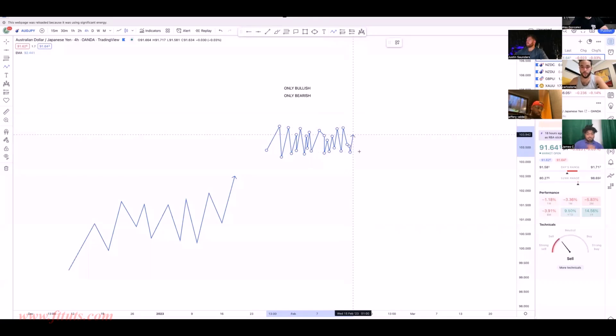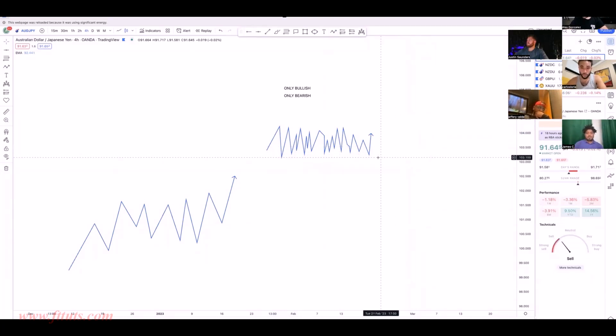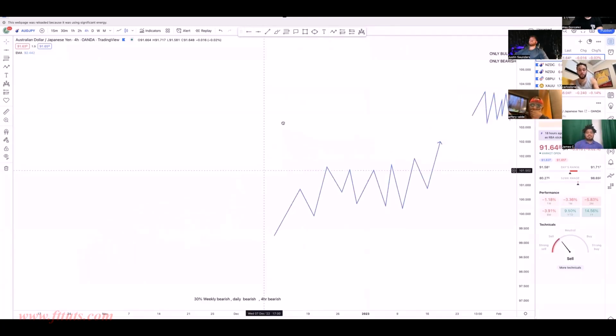But within here, you would understand that the market structure is overall bullish or overall bearish. Higher high, higher low. When we ask, is this market bullish or bearish, you shouldn't say consolidation. You say that market structure is to the upside, or that market structure is to the downside.